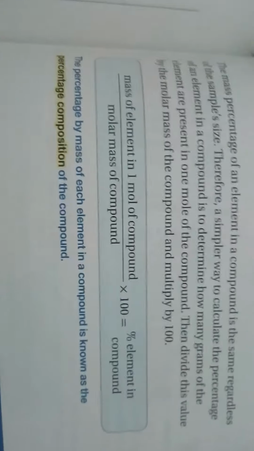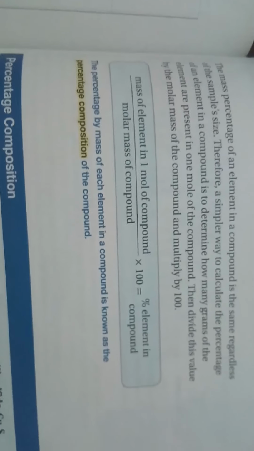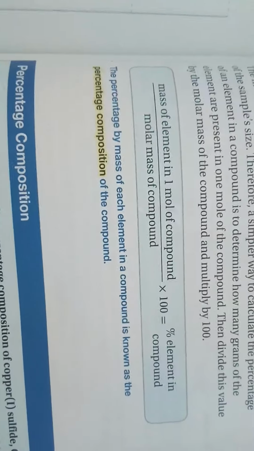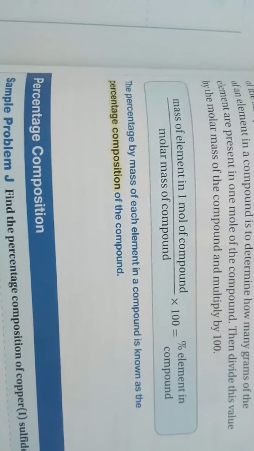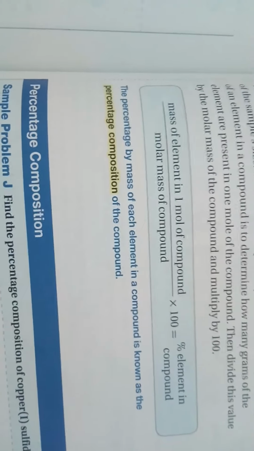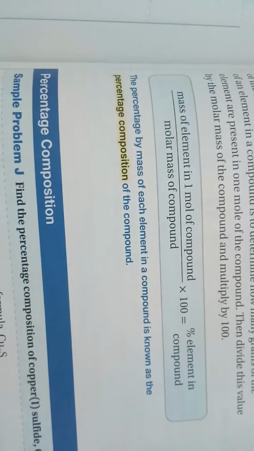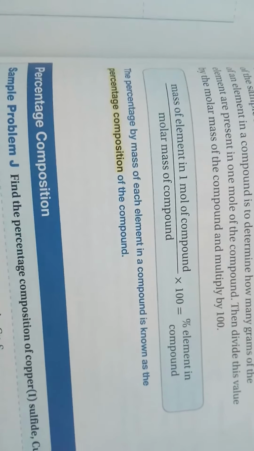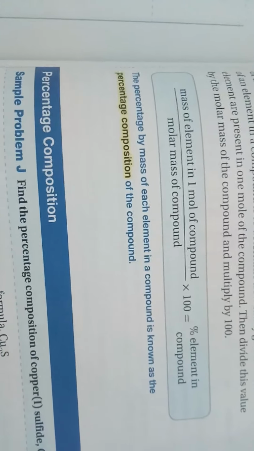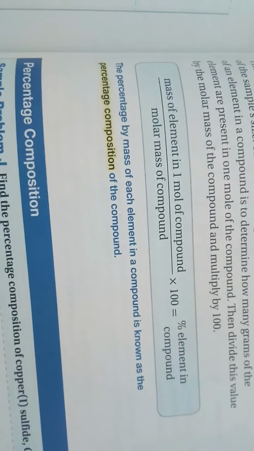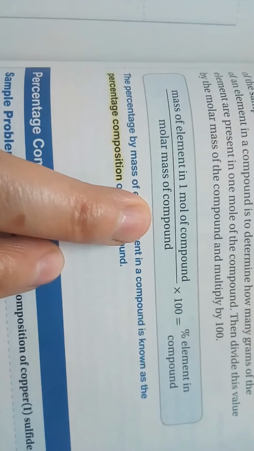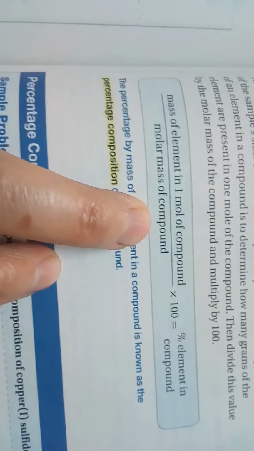The second formula that we can apply is if you have the molar mass of that compound, and you have the mass of the element in 1 mole of compound. Let's go back to our example of water. Let's say we have 5 grams per mole of water of hydrogen. All you need to do is divide it by the molar mass of water, which is 18.